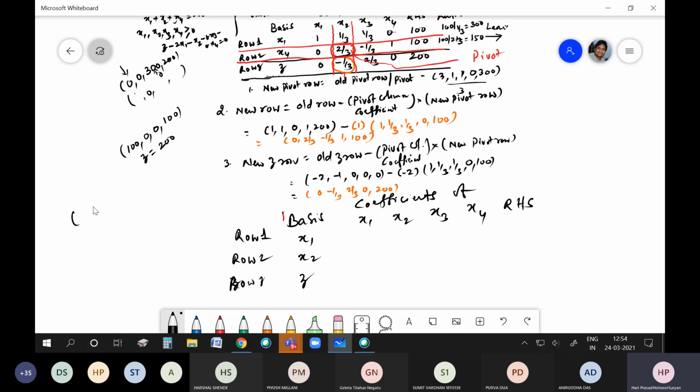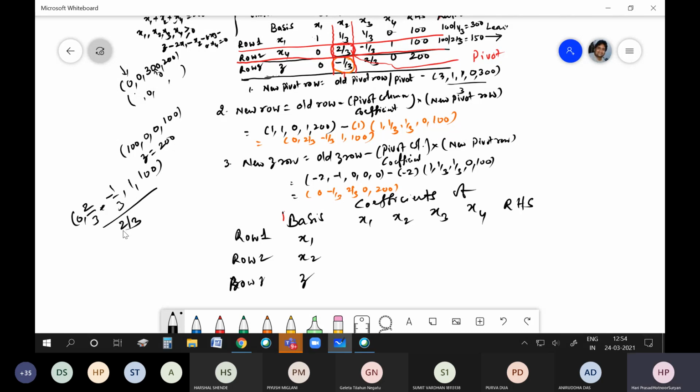The old pivot row is 0, 2 by 3, minus 1 by 3, 1, 0, 100, and I divide it by 2 by 3, which is the pivot.